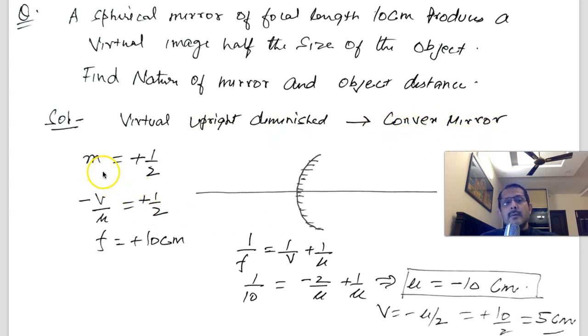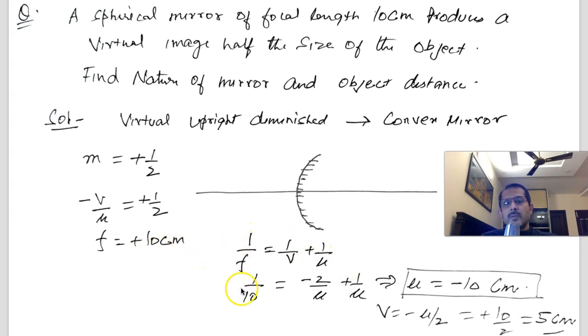Now magnification m is equal to minus v by u is equal to plus 1 by 2, and focal length, because it's a convex mirror, is plus 10 centimeter.